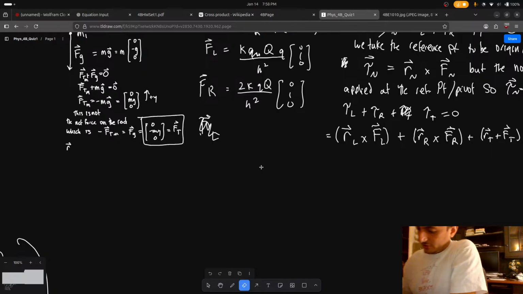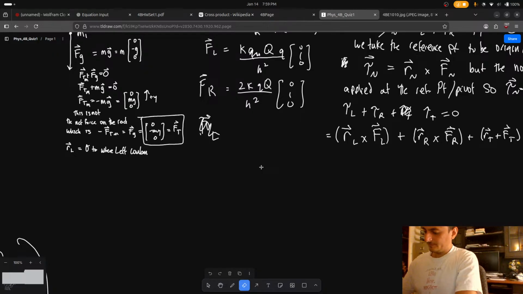Okay, so R_L, for instance, is going to be the O2 where the left Coulomb force is applied. So this is going to be minus L over 2, 0, 0, minus 0, 0, 0, which is equal to minus L over 2, 0, 0.